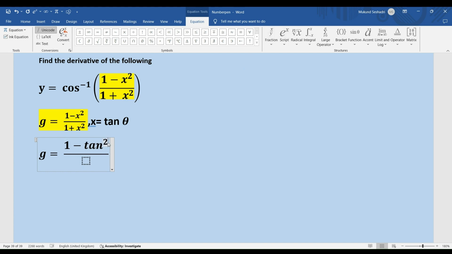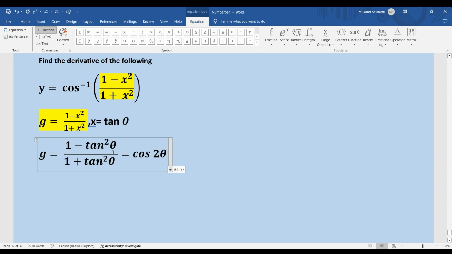Now we will end up with an expression whose identity we are quite familiar with, right? For example, 1 minus tan square theta divided by 1 plus tan square theta is nothing but cos 2 theta, right? Why is that?